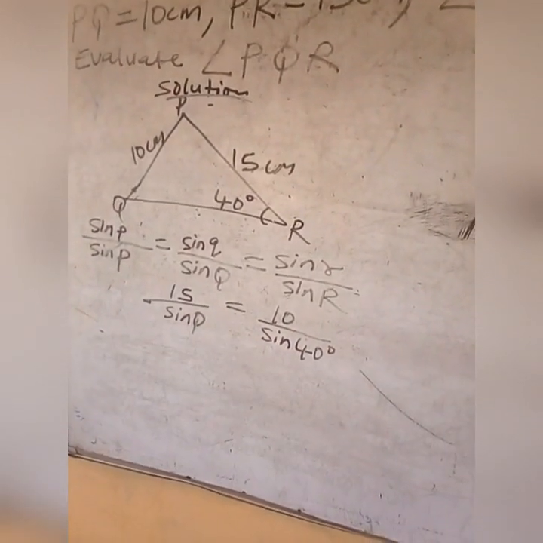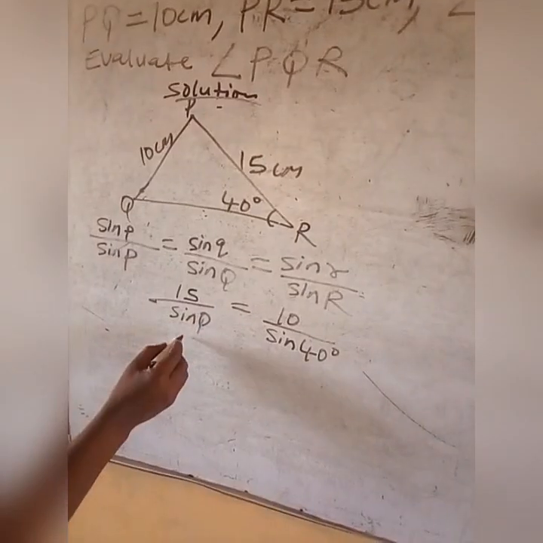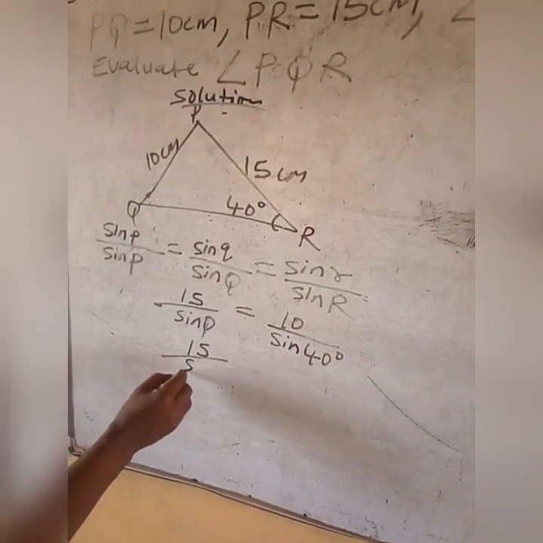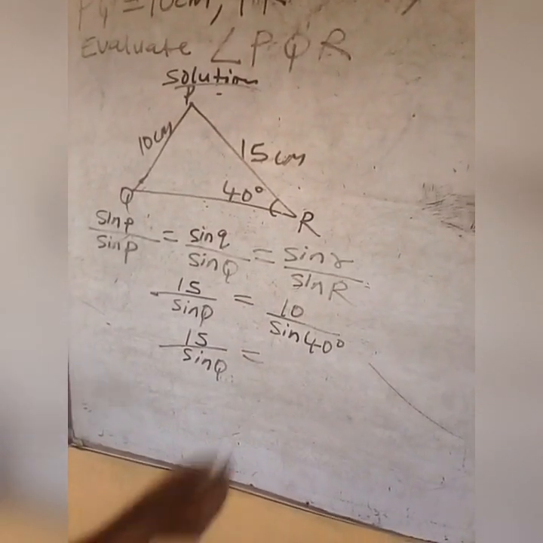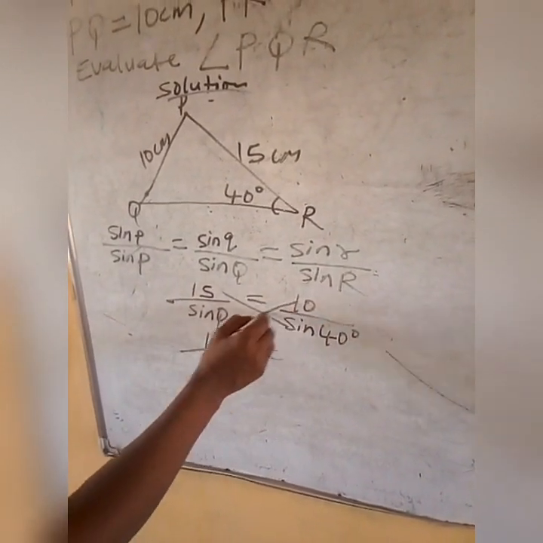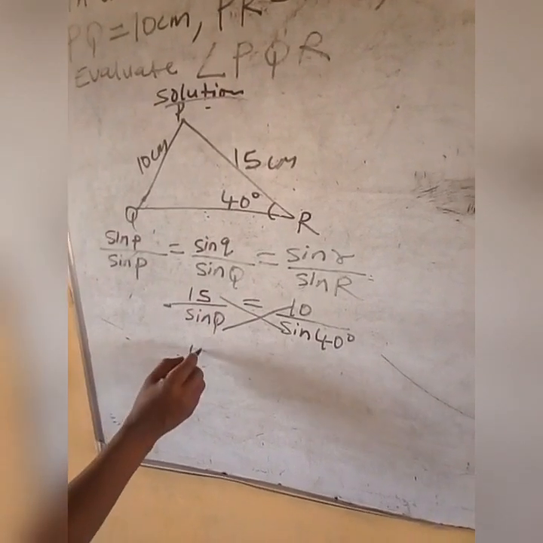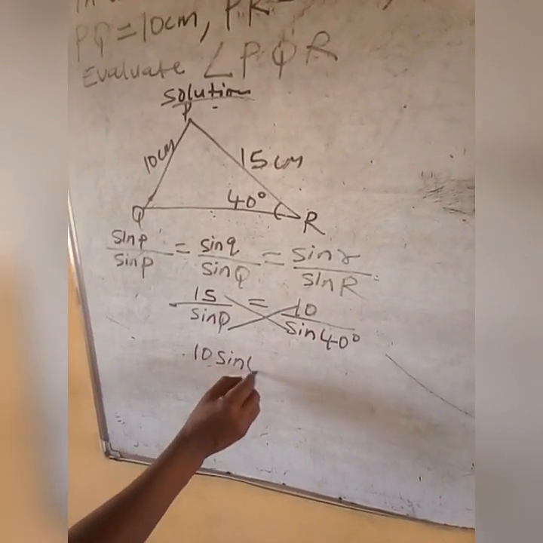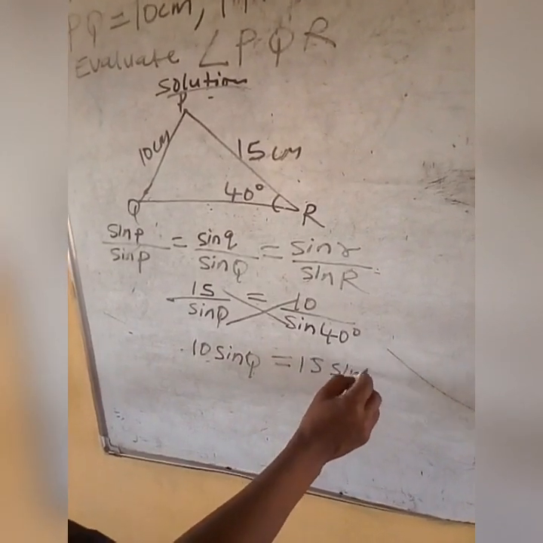Now we'll cross multiply. This one is what we are asked to find: 15 all over sine Q equals 10 over sine 40. When we cross multiply, we have 10 sine Q equals 15 sine 40.